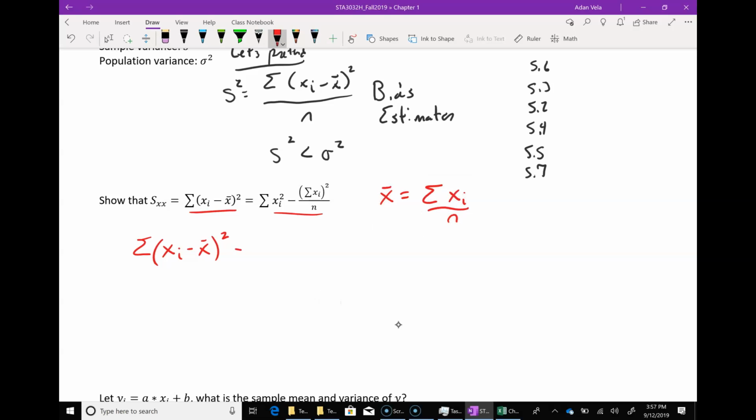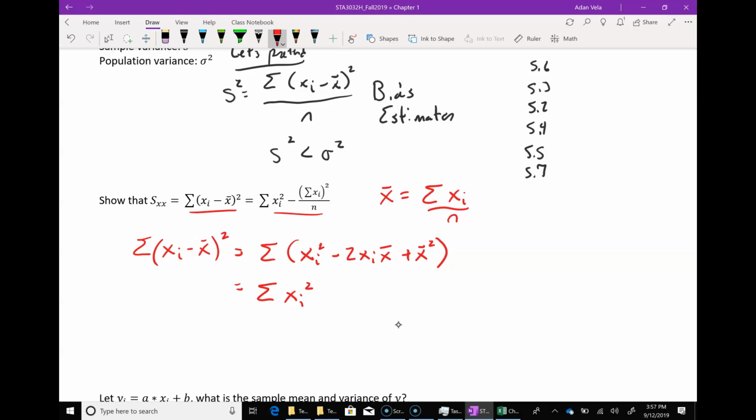All right, so if we expand out the square, we have the summation of xi squared minus 2 xi x bar plus x bar squared. It's not too bad. So we can break this up into three different summations.